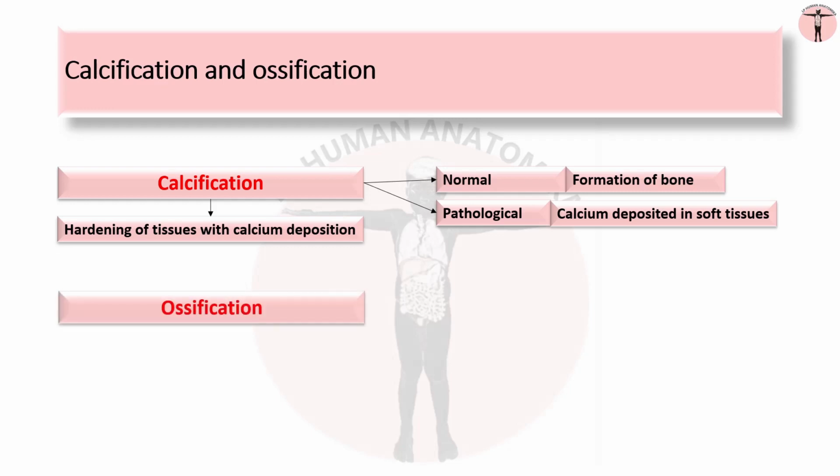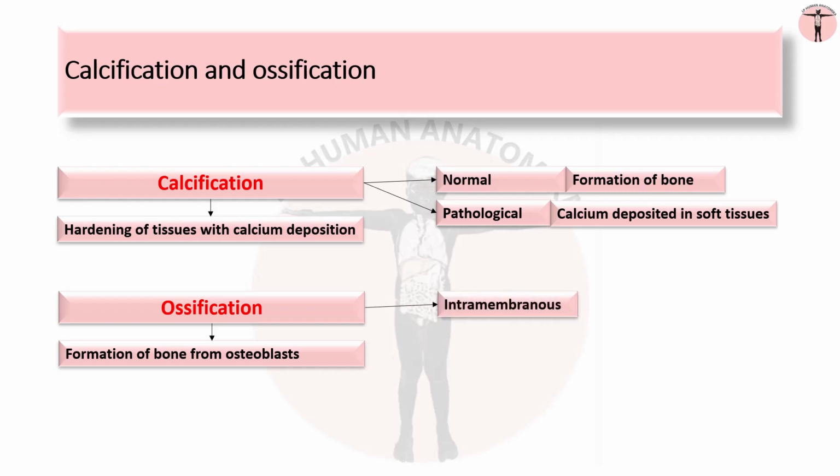Ossification or osteogenesis is the formation of bones from osteoblast cells. Ossification takes place approximately 6 weeks after fertilization in an embryo. It is mainly classified into two types: intramembranous ossification and endochondral ossification. Intramembranous ossification is the formation of bone by mesenchymal cells converting directly into bone cells.